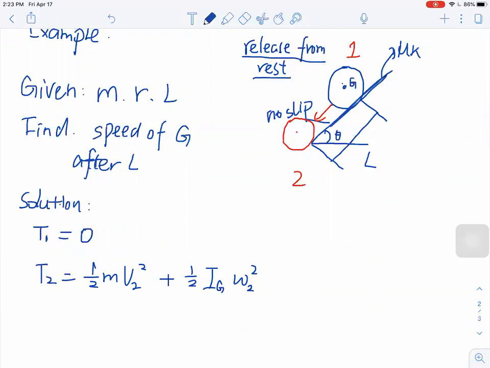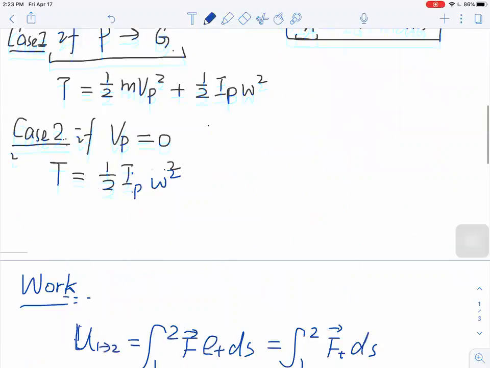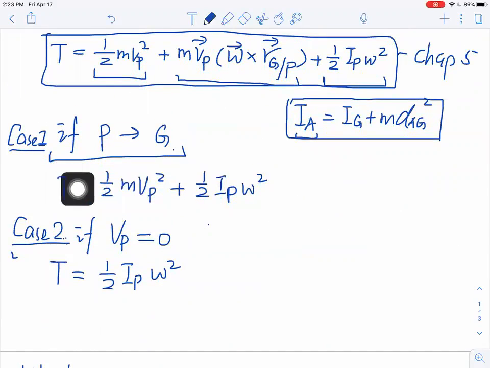Okay, now we can look at here. And some of you may have the question, since here we picked point G for kinetic energy, can we pick other points? Since here we have 2 different cases, right?